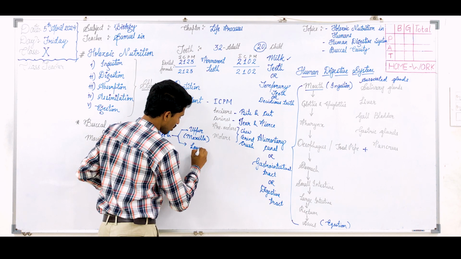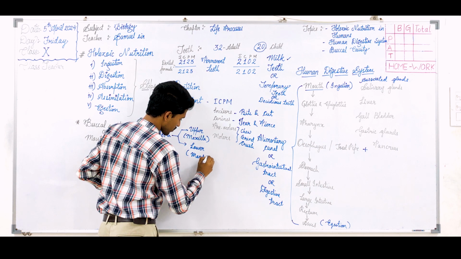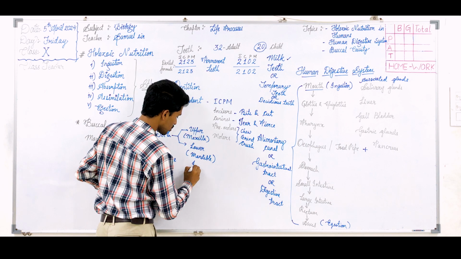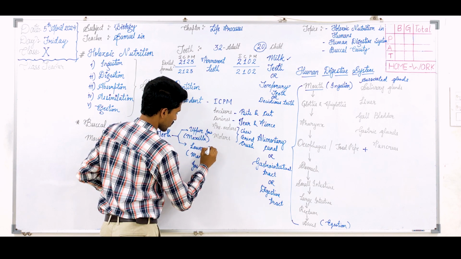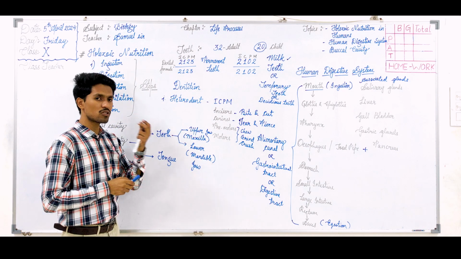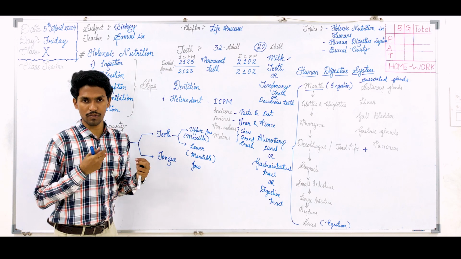And the lower jaw is called as mandible. These are the two jaws which we see in the mouth region. Upper jaw, which is the fixed one, and lower jaw, which is movable.